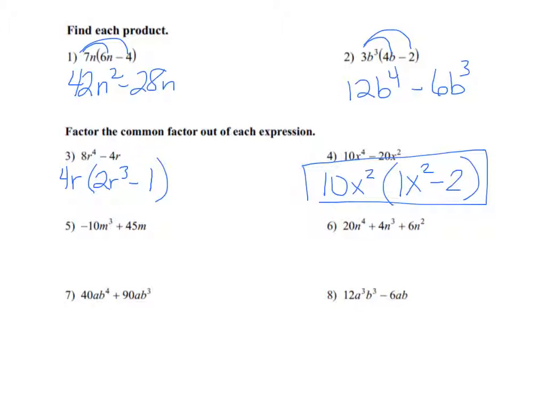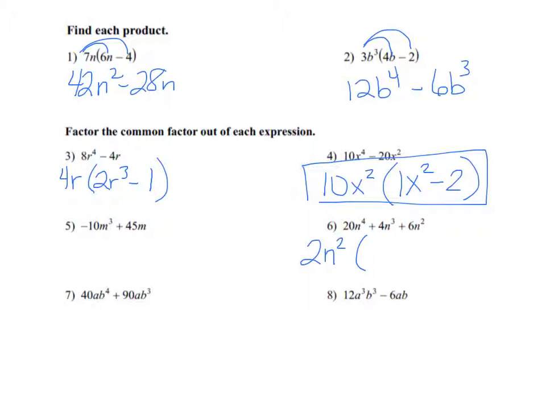Let's look at number 6. There's 3 terms on this one. That's okay. You're just doing the same thing. You're finding the common factor that you have throughout all of those. So if you look at that, it looks like a 2 is going to be my biggest number. And then when you look at your n's, it looks like the one that has the fewest is the n squared. So I'm going to pull 2n squared out of all of them.